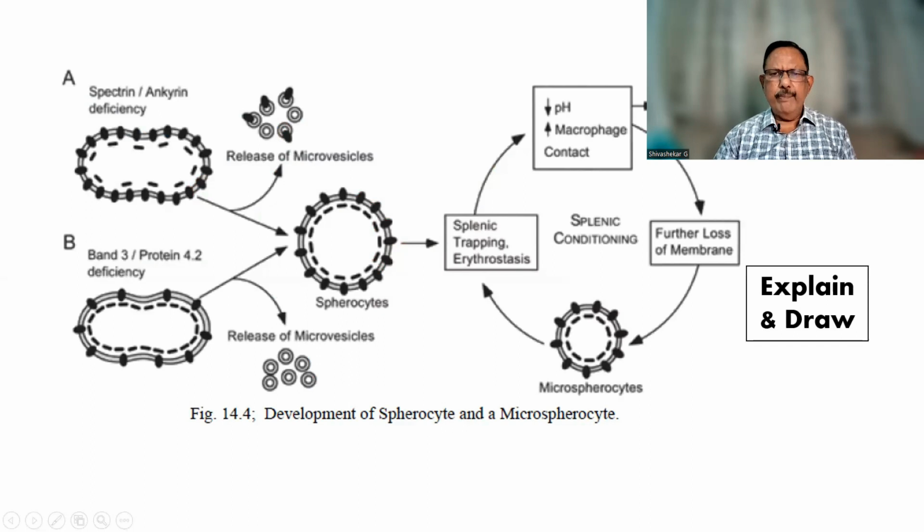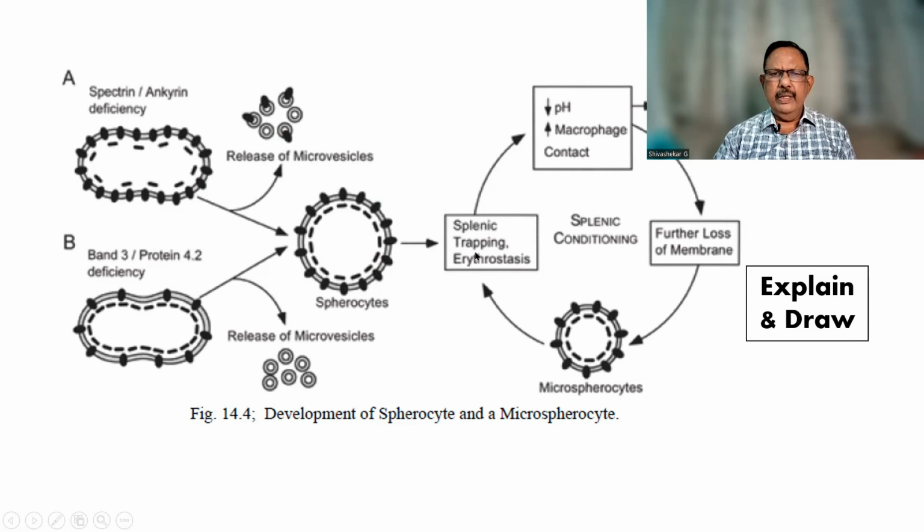This is a very important diagram which I would like you people to see. So normal RBC is somewhat a biconcave disc. But when there is a defect in ankyrin, spectrin, etc., gradually you find that they are being devoured and the cell is being released as microvesicles. Ultimately, a spherocyte is formed. And this spherocyte is very rigid.